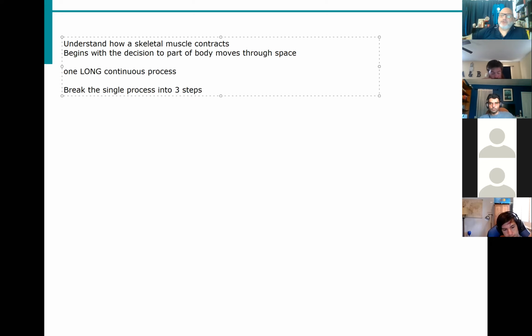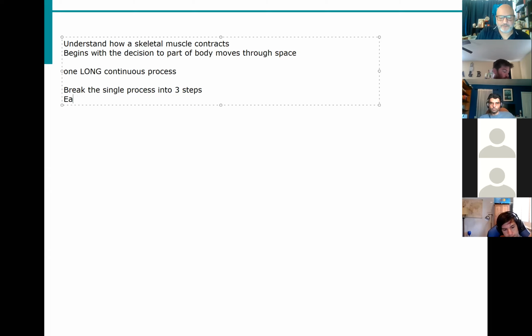And are we just going to arbitrarily break it at random points? No. It is important to remember this is a continuous process, but we are going to break it into 3 more easily digestible steps.